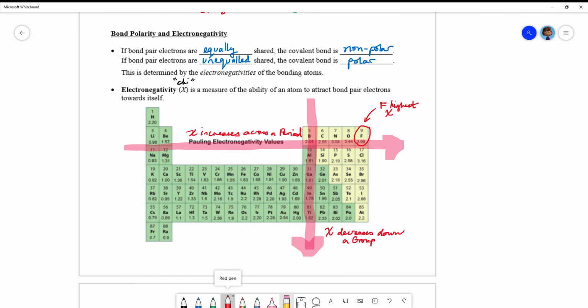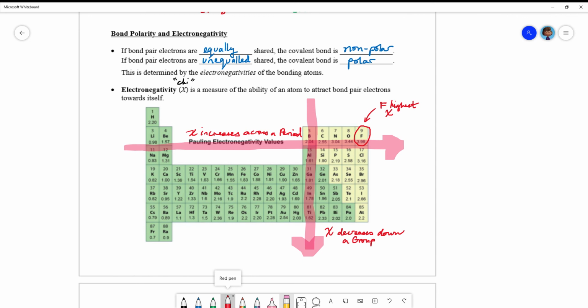And I'm also highlighting fluorine because fluorine is a non-metal involved in covalent bonding. An easy way to remember general trends is that fluorine has the highest electronegativity, so an element further away from fluorine will have a lower electronegativity. And the further away it is, the lower its electronegativity is.